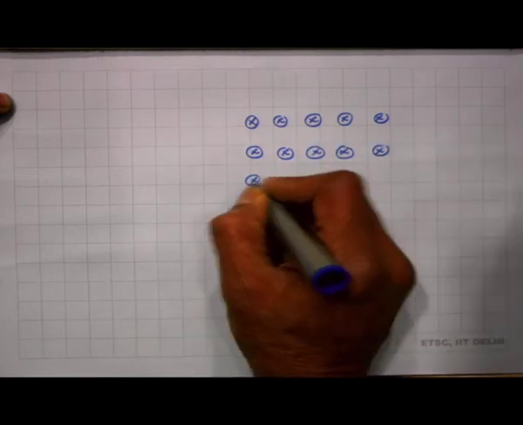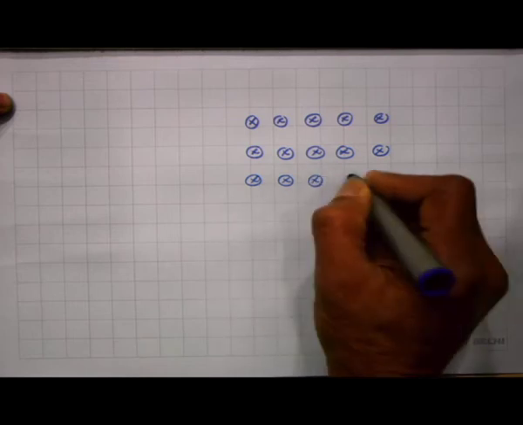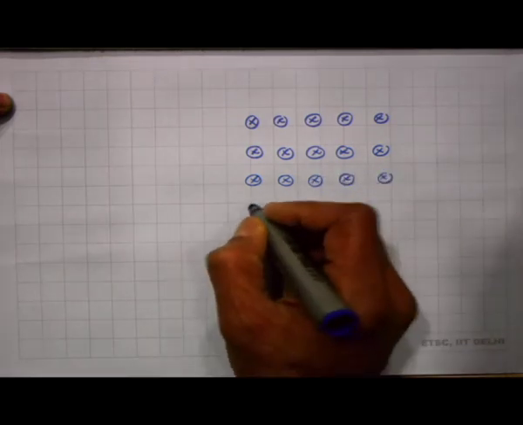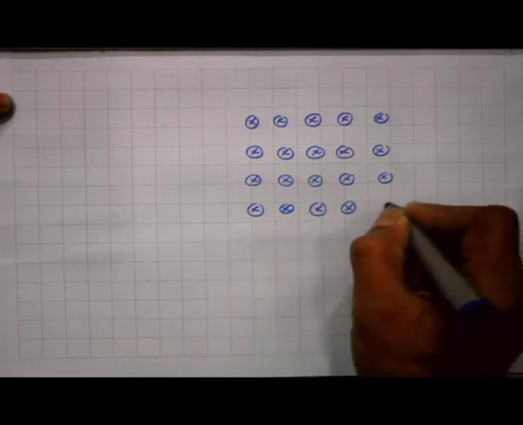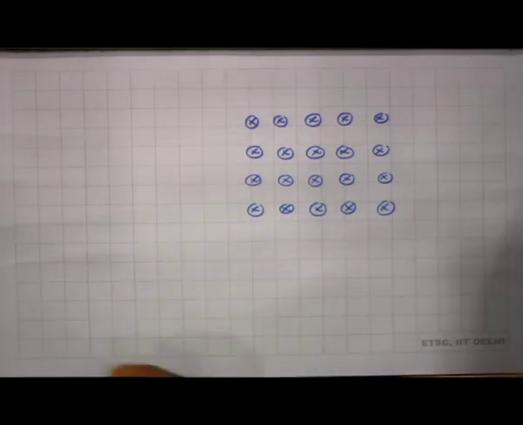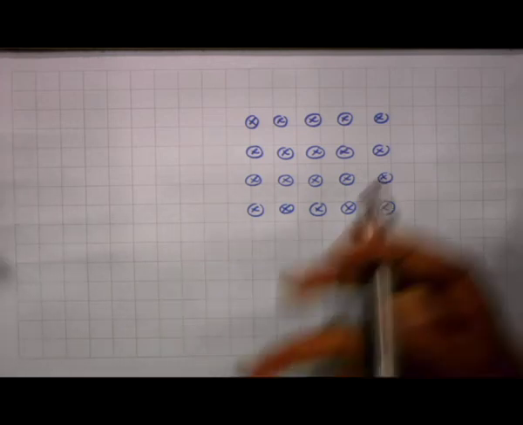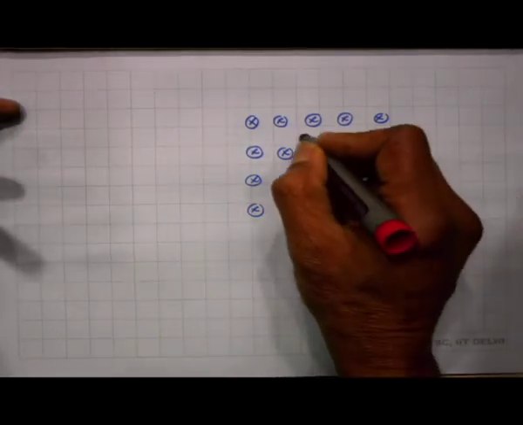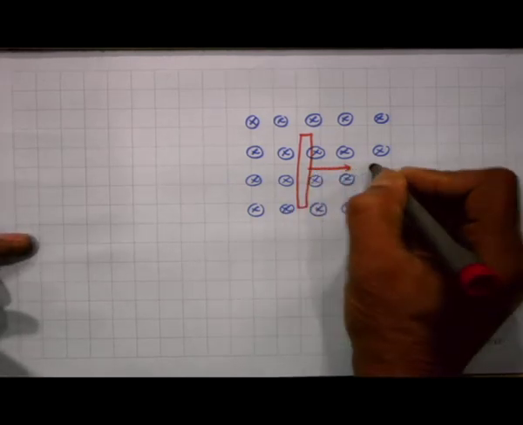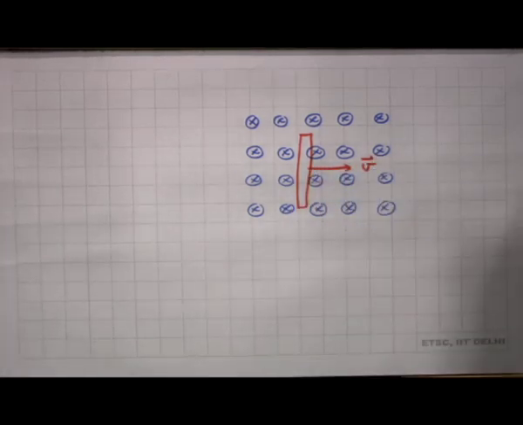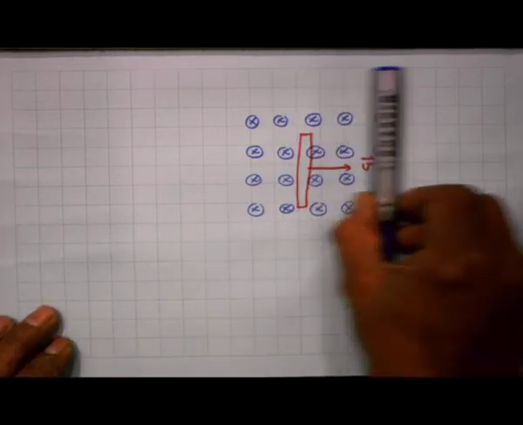These are the ends of the arrows, so the magnetic fields are pointing down and uniform. Now, let me take a straight conductor like this and move it in this direction.